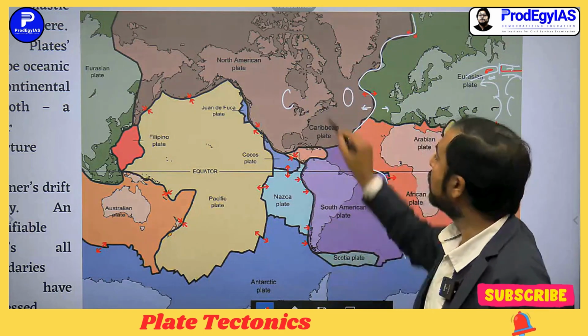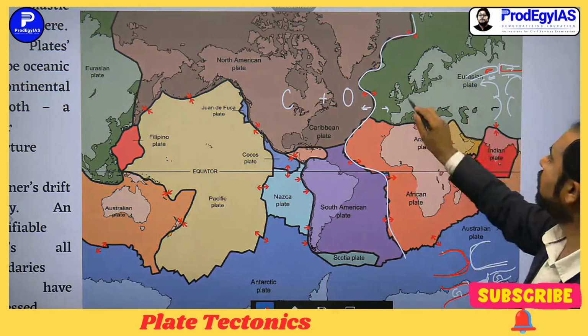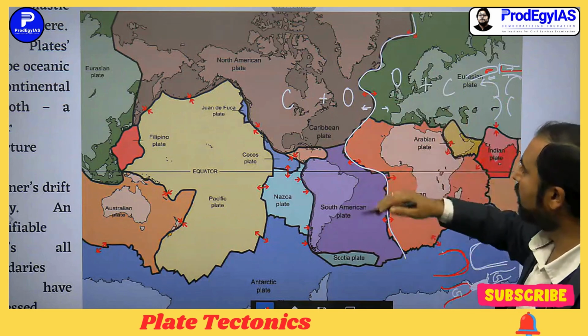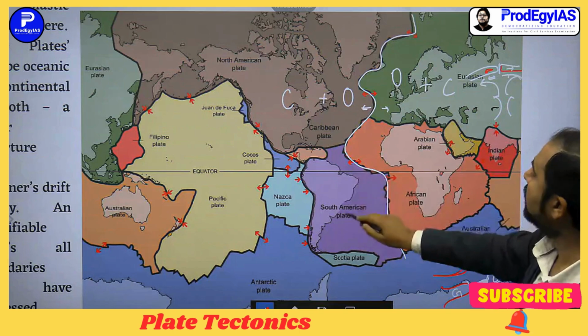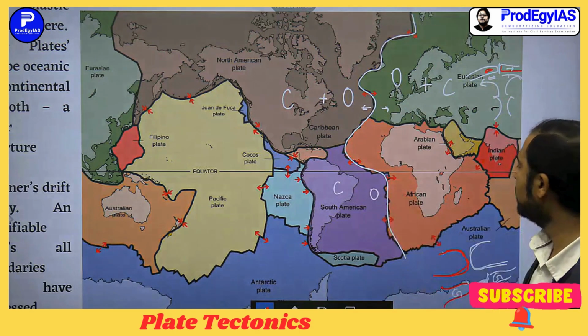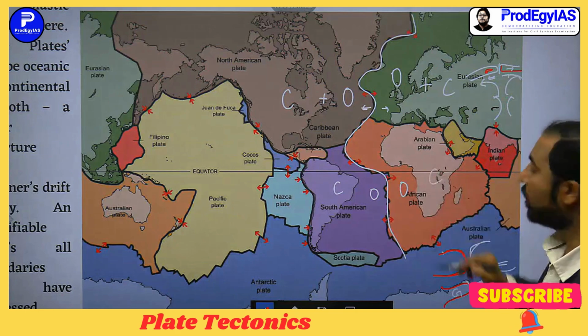Likewise here Eurasian plate is also oceanic. This part is oceanic and this is continental. Come here. Like this South American plate, continental part, this is oceanic part. Like this African plate, oceanic part and continental part.